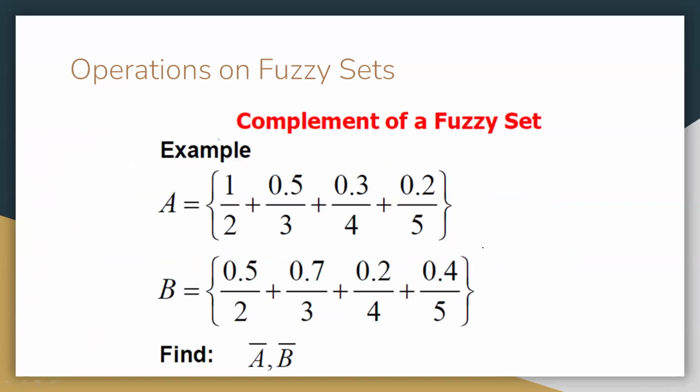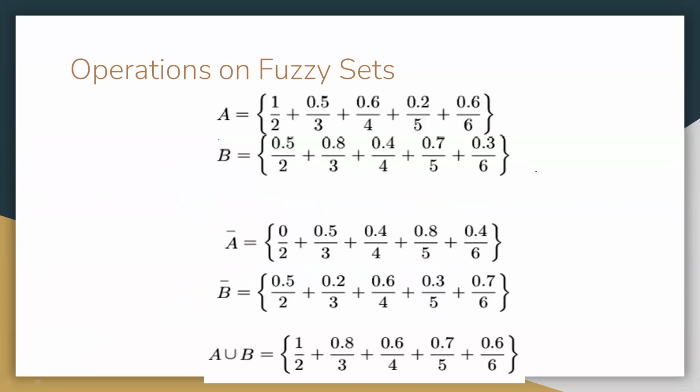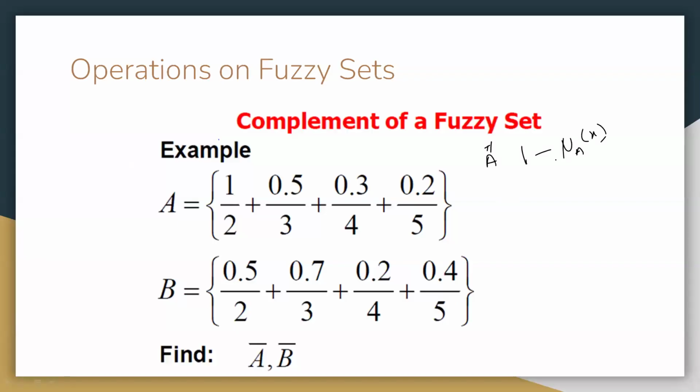Similarly, finding the complement. If you want to find the complement of any set, say A cap or A dash, whatever it is, then we do 1 minus mu of A of x. Just do 1 minus like this. You can see, taking the complement of A, 1 minus the membership function of this, this will become 0.